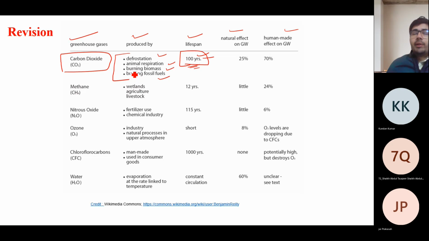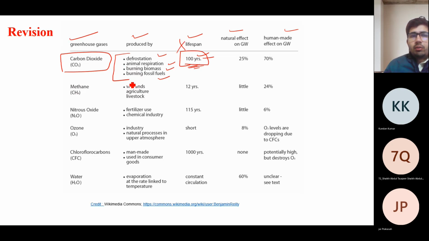So how much CO2 we are emitting, that CO2 will be eliminated only after 100 years. See the impact. If you emit more CO2, it accumulates in the environment and affects the atmosphere balance, and that is the main reason for global warming and climate change.